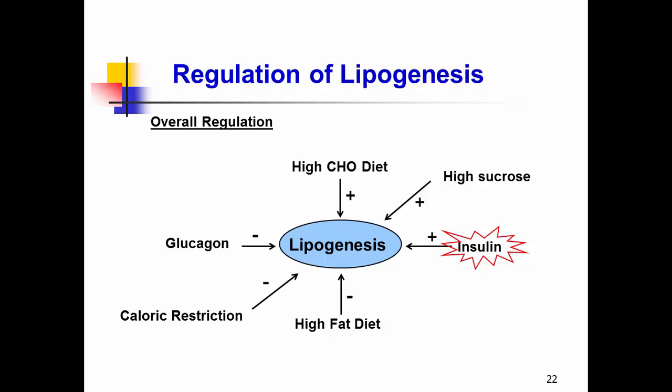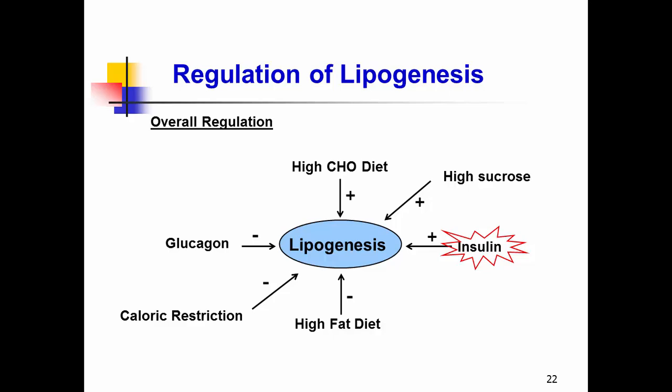Okay, now regulation of lipogenesis. We already talked about it: a high carbohydrate or high sucrose diet is the most important driver for lipogenesis, right? And insulin is also an important regulator, because a high carbohydrate diet stimulates a lot of insulin release. So insulin is an important hormone that mediates the effect of a high carbohydrate diet on lipogenesis.